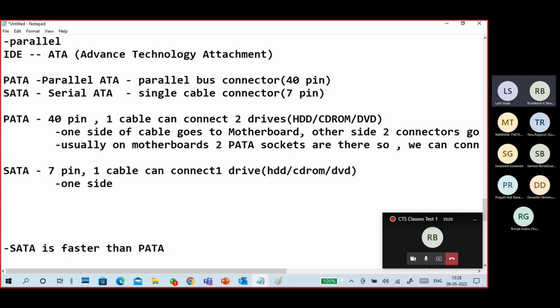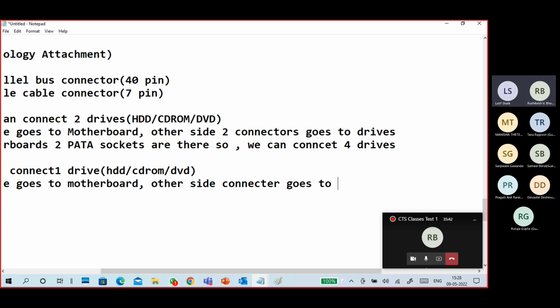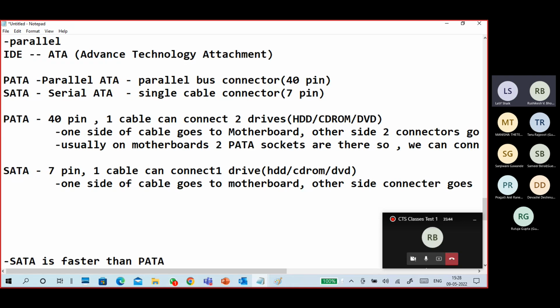One end of the cable goes to the motherboard, and the other end connector goes to the drive. Only one.